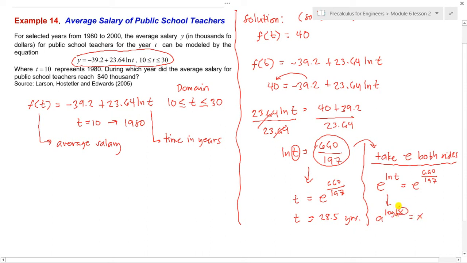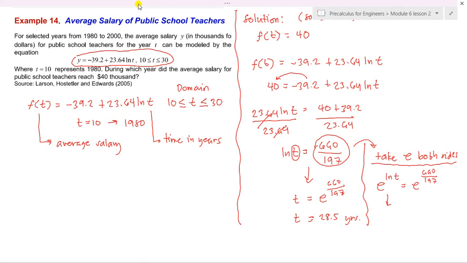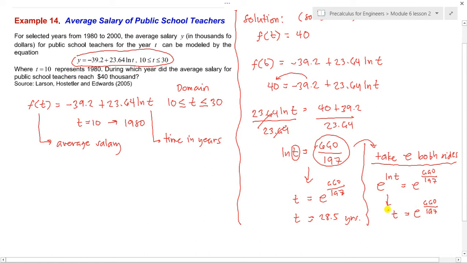Ma-apply ni kay since ang ln ang base niya kay e, therefore mahimo na siya og t by this property. So mas maayo nga imong hinumduman tong mga properties kay ma-apply ninyo especially kung mag-solve ka. So that is just equal to t is equals to e raised to 660 divided by 197. So kani siyang expression is just similar with this kung nag-convert ka. Okay. So ngadto ta sa atong final answer.